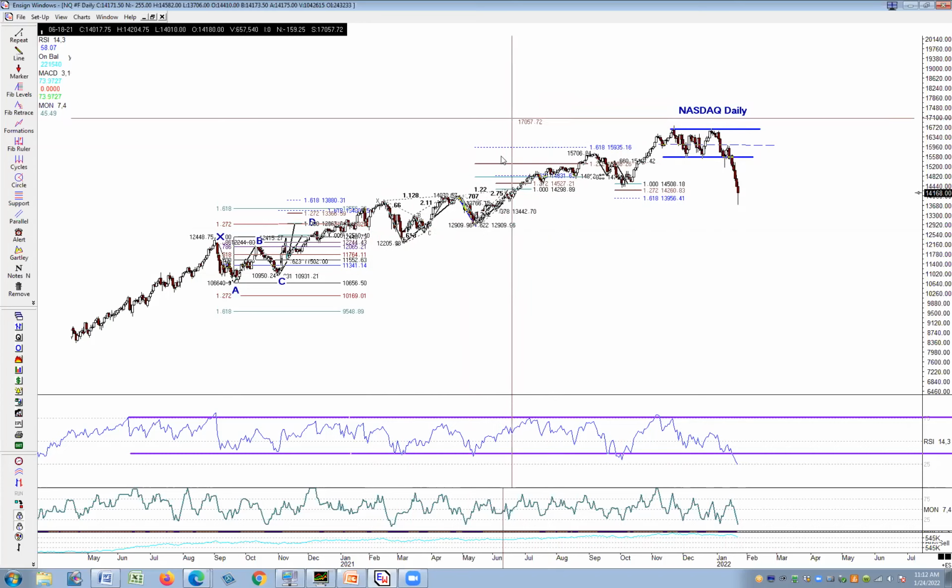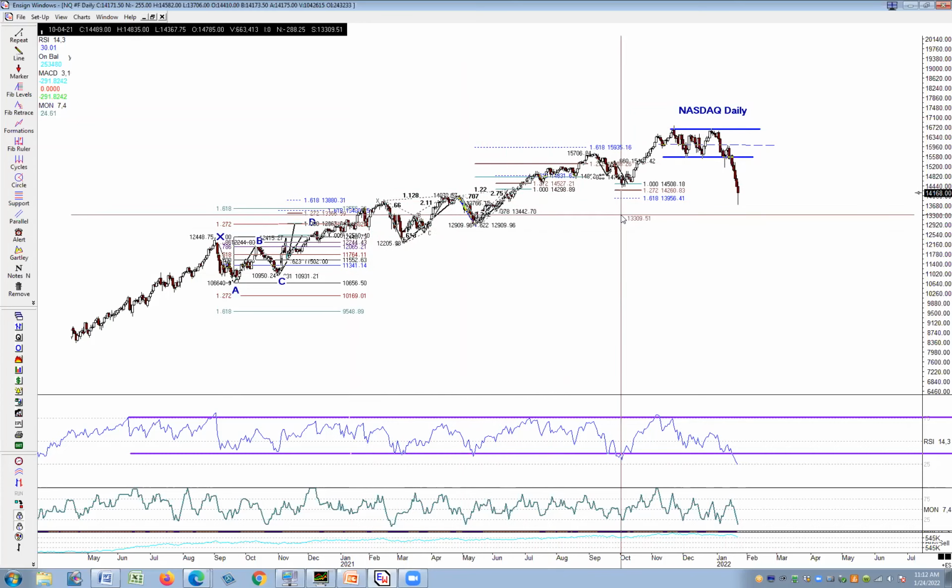So when you start to see a succession of these patterns and you see them across the indexes, and then you start to see them on individual charts and ETFs or stocks, you've got to pay attention to that.